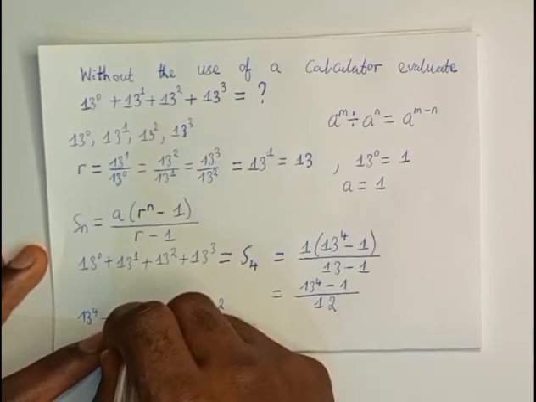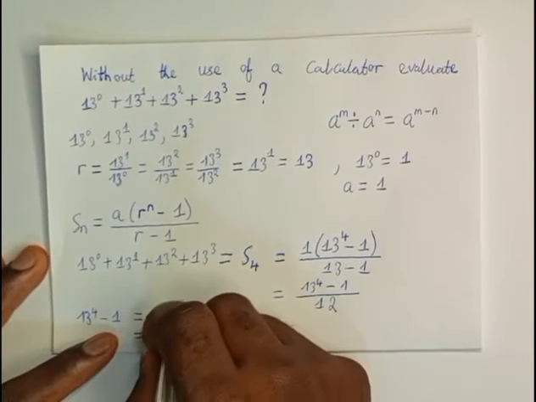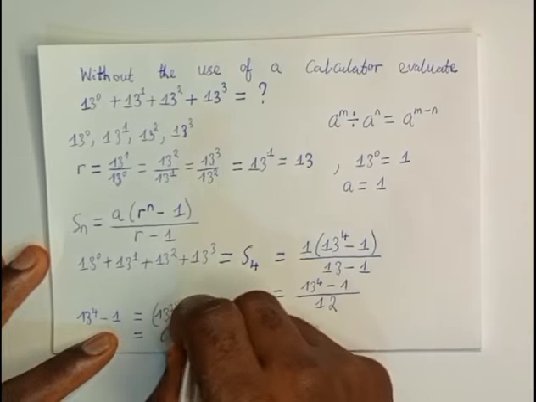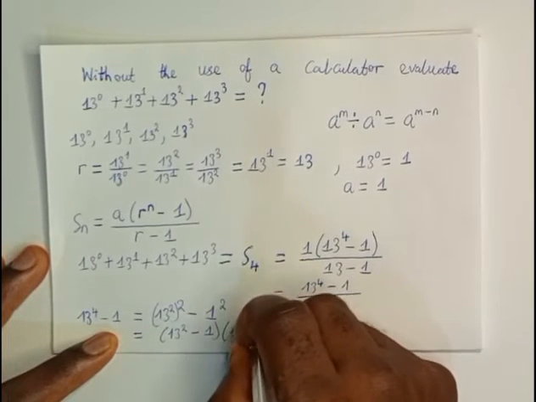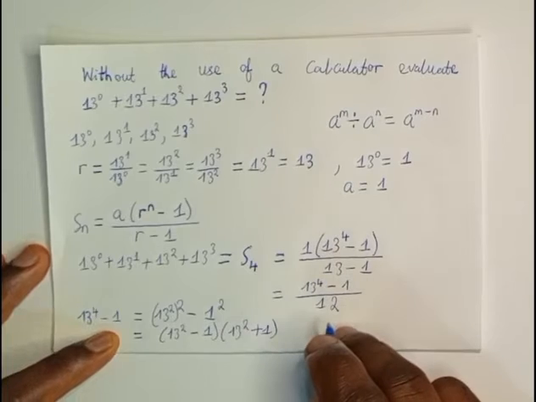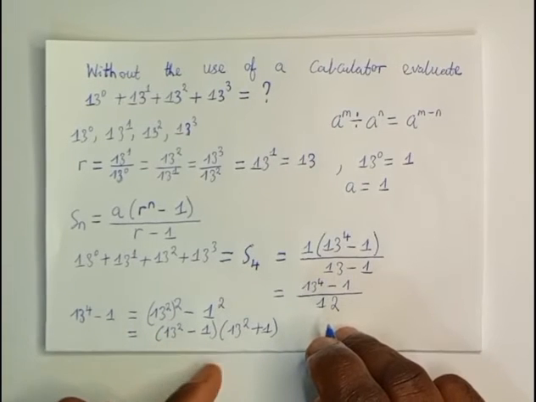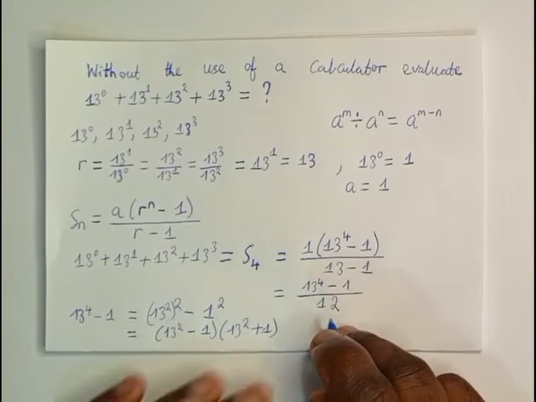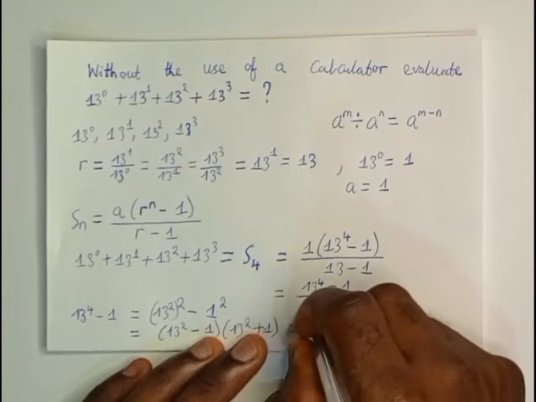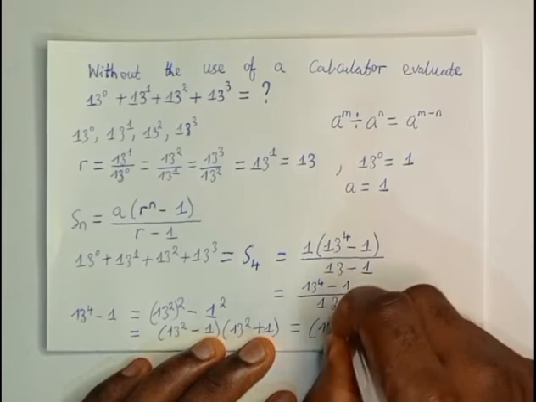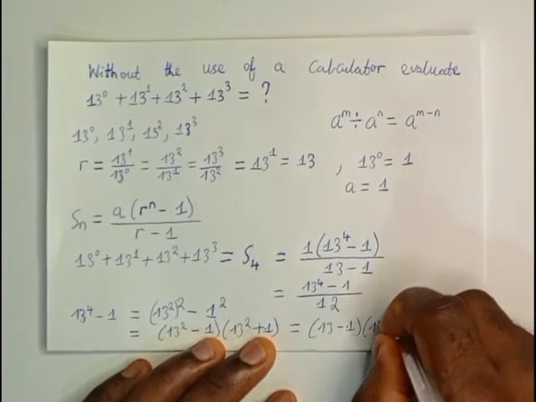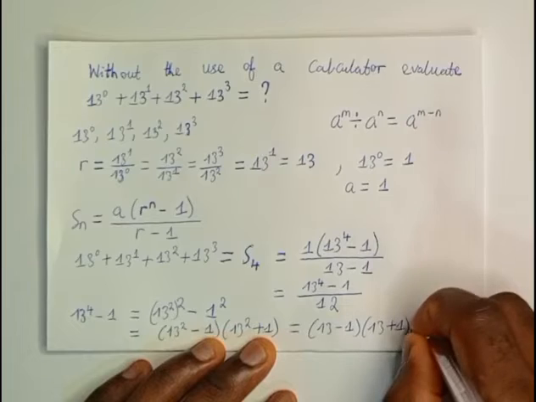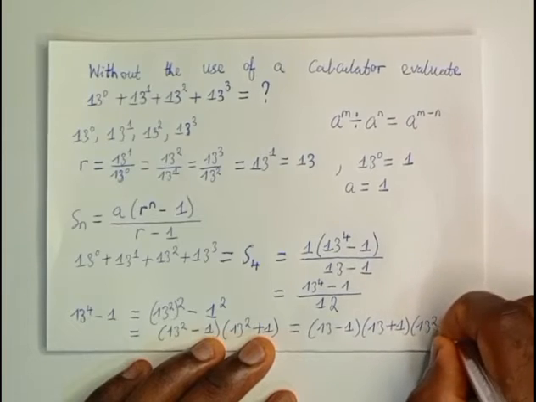With factorization, 13 squared minus 1 times 13 squared plus 1. 13 squared minus 1 is still a difference of two squares. We can express this as 13 minus 1 times 13 plus 1 times 13 squared plus 1.